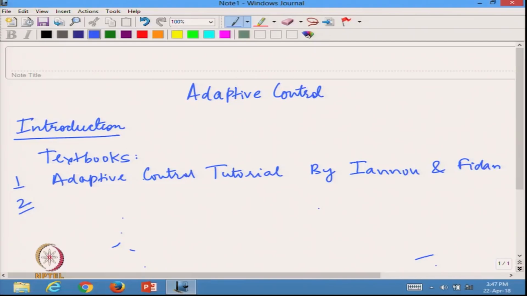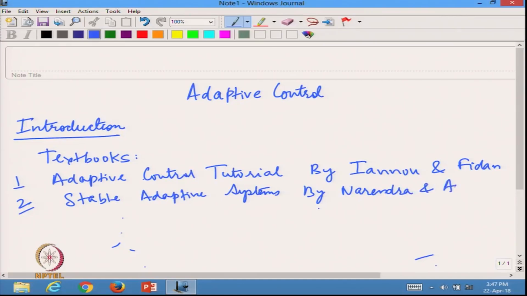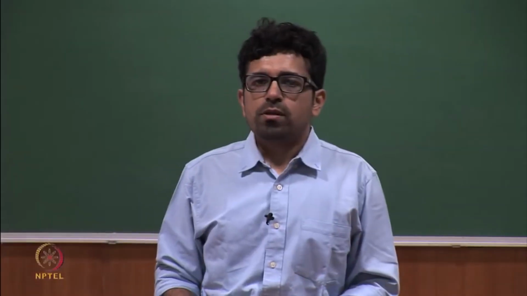Then we have Stable Adaptive Systems by Narendra and Annaswamy. So these are the two main textbooks that I will be following for this course.